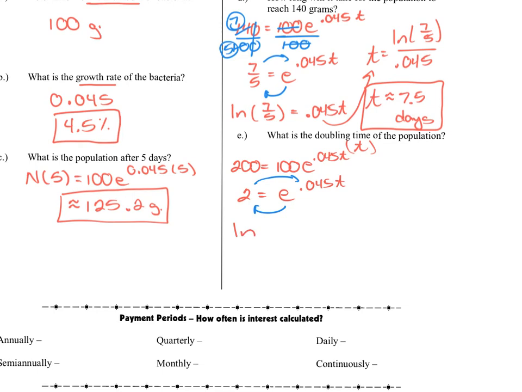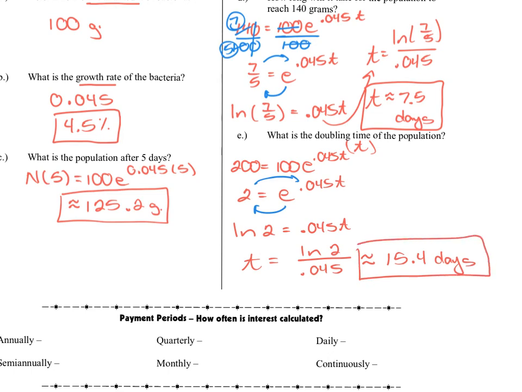So it's going to be natural log of 2 equals 0.045t. So our time is going to be the natural log of 2 divided by 0.045. And we could type that into our calculator, and we're going to get approximately 15.4 days.